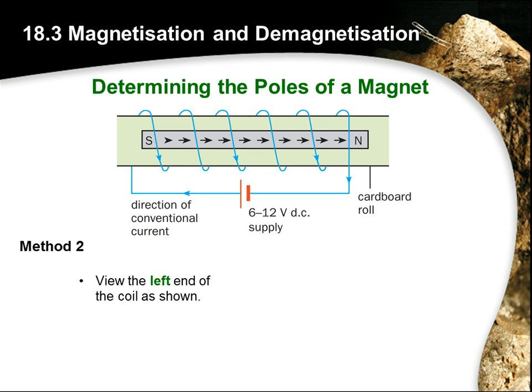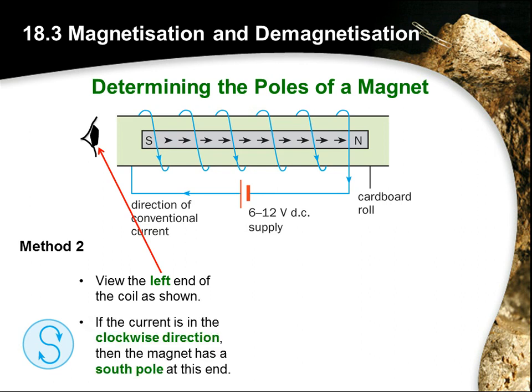Another way is to imagine yourself looking into the coil. Let's say you look into the coil on the left hand side. You'll see the current flowing in more of a clockwise direction. And a clockwise direction fits the letter S pretty well. So that must be the south pole.